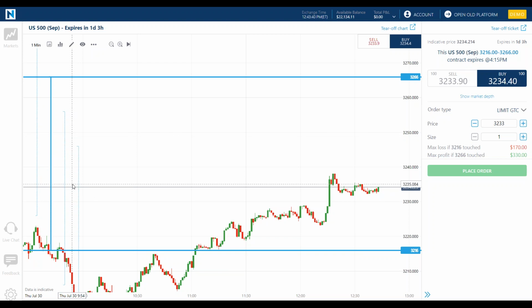Now, again, just like the binaries, I don't have to wait till settlement to see what happens. Very important point. If I bought one here at 32.33, and let's say at the end of the day it was up here at 32.50 and I wanted to take a partial profit, I could sell it back and take a partial profit and not be concerned about what potentially happens tomorrow, because maybe tomorrow it sells off.